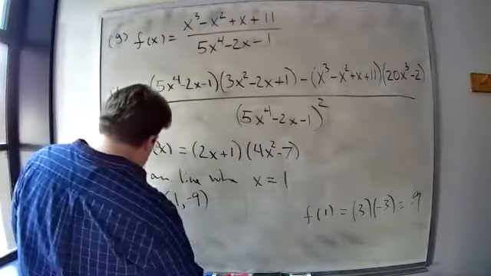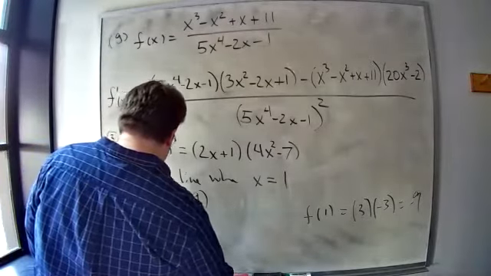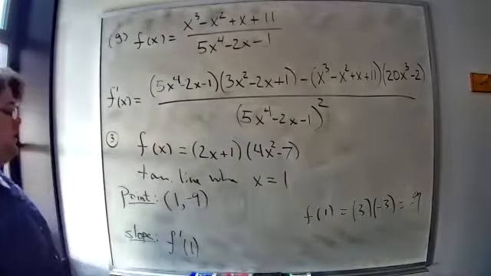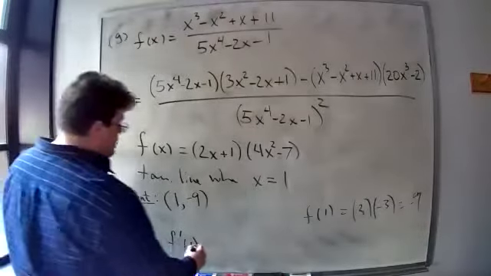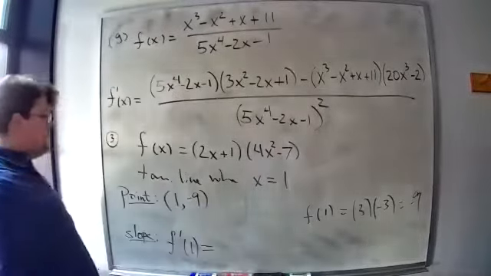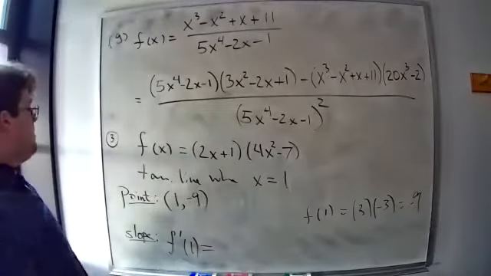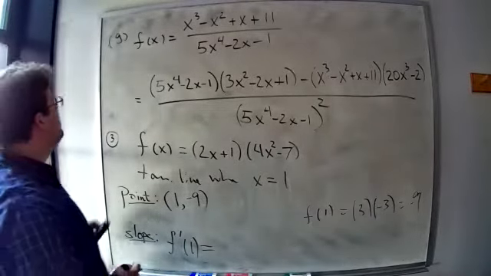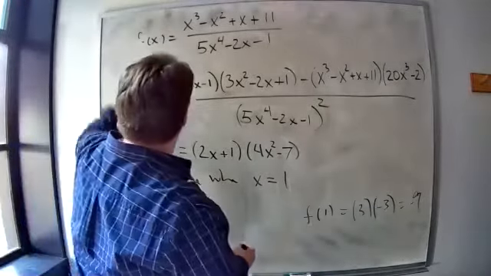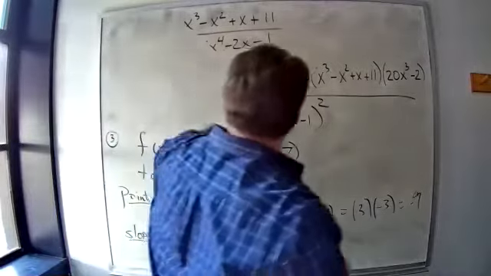Well, remember, the derivative is set up to give us the slope we want. So we need to evaluate this derivative at 1. I don't see a derivative anywhere. So we have to find this derivative.